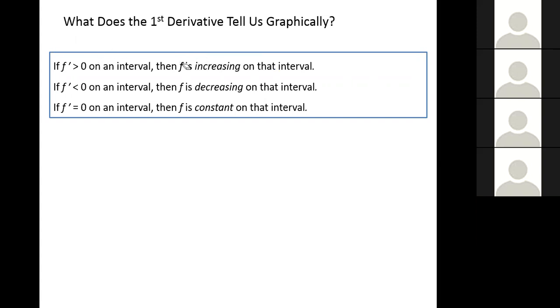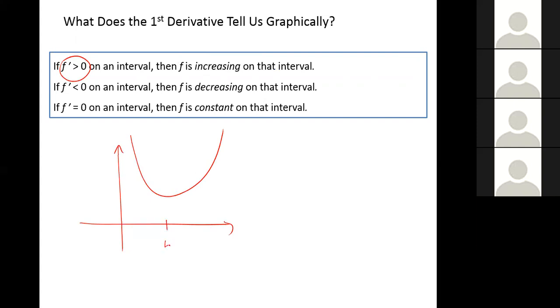Because increasing means that the slope of the curve, or slope of the tangent to the curve, is positive. Then if the slope is positive, the derivative is positive because the derivative is simply the slope of the tangent line.